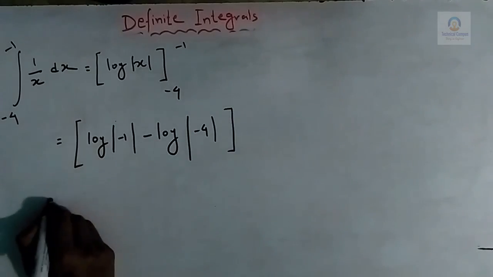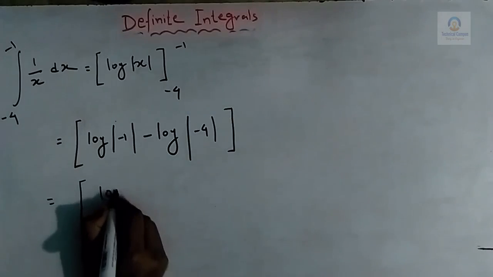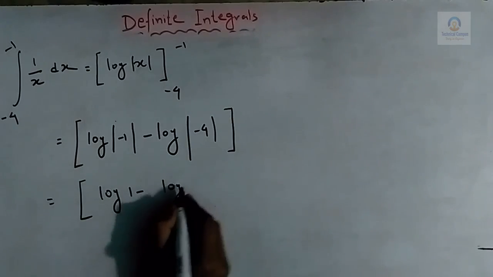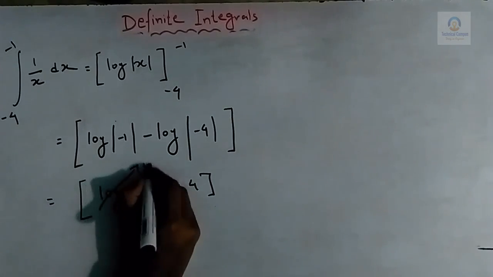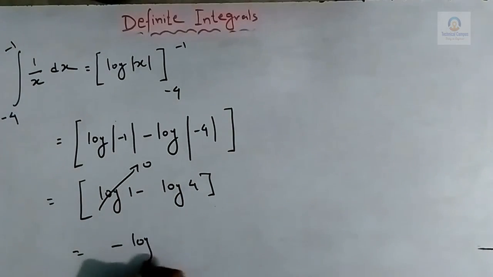As this is under mod, it will be log 1 minus log 4, and the value of log 1 is 0, so it will be minus log 4. This is the answer. Let us take one more example.